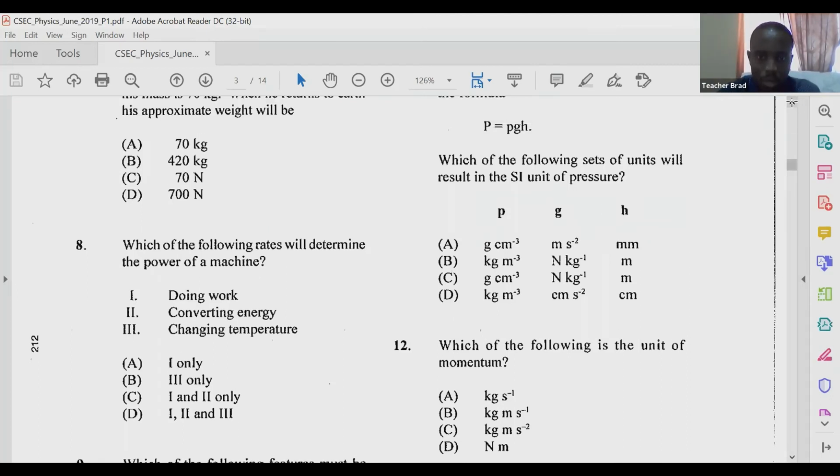So the units that we want: for density, we know that density must be in kilogram per meter cube.